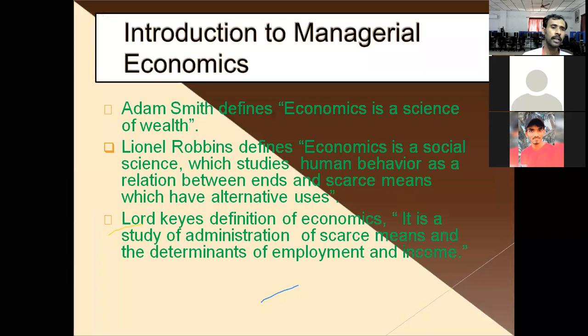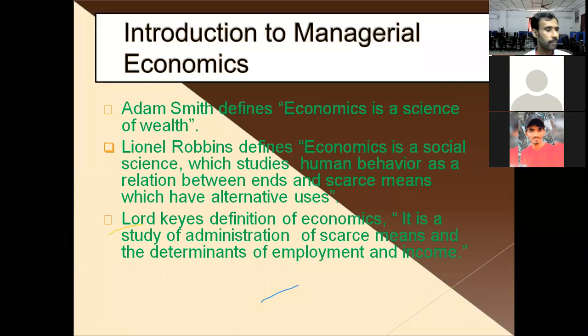You can see a third definition of economics here. This third definition says that economics is a study of the administration of scarce means and the determinants of employment and income. As per Lord Keynes, economics is managing your limited resources and the determinants of employment and income.